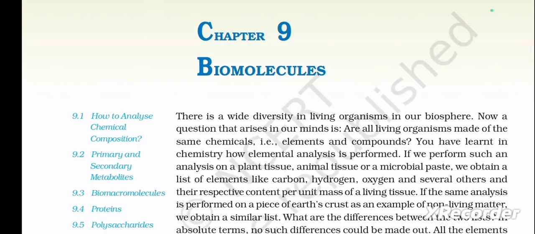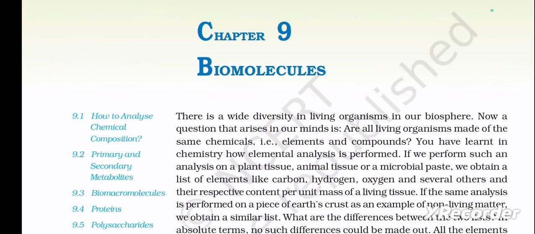There is a wide diversity in living organisms in our biosphere. Now a question that arises in our minds is, are all living organisms made of the same chemicals, that is elements and compounds? You have learned in chemistry how elemental analysis is performed.